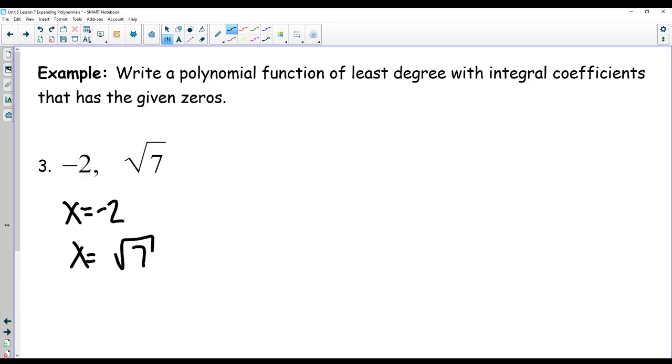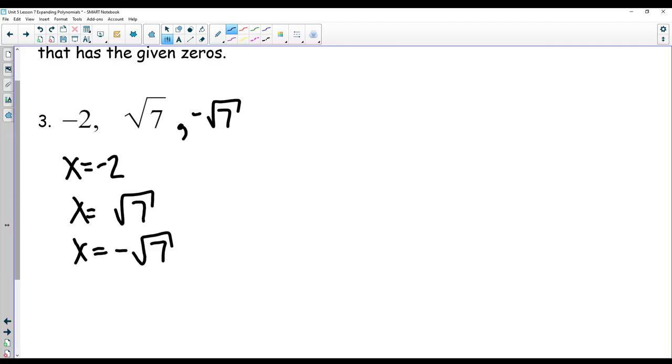So we have to take a second and make sure that we recognize when there's a positive root 7, there's always a negative root 7 right behind them. So we have to consider negative root 7 as well, even though it's not written. So now we have all of our zeros. We need to translate these back to our factors.